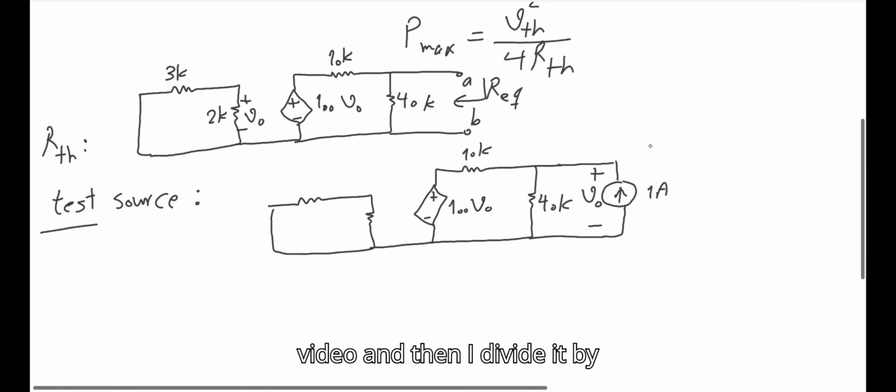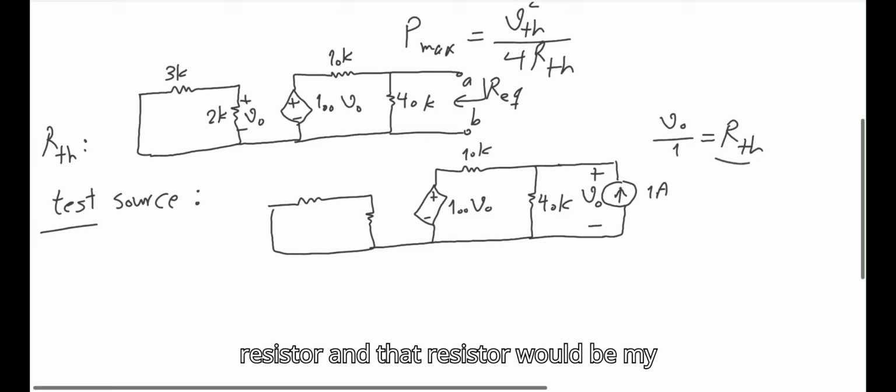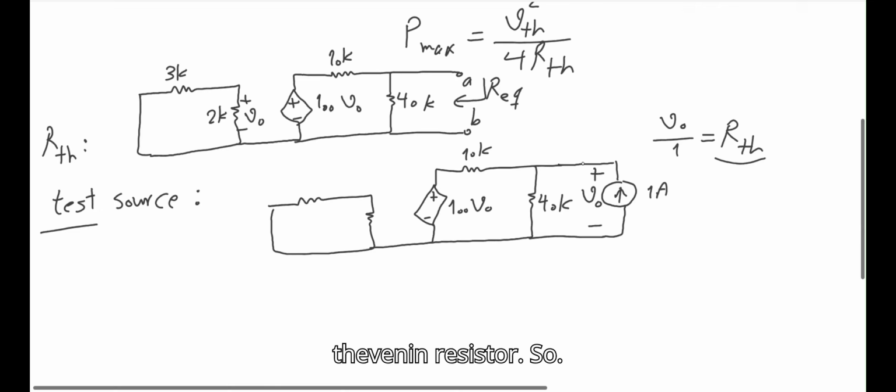If I find this voltage and then I divide it by 1, based off Ohm's law, I know voltage divided by current is nothing but resistor, and that resistor would be my Thevenin resistor. So the finding of Thevenin resistor has turned into finding of this voltage of the 1 amp test source.